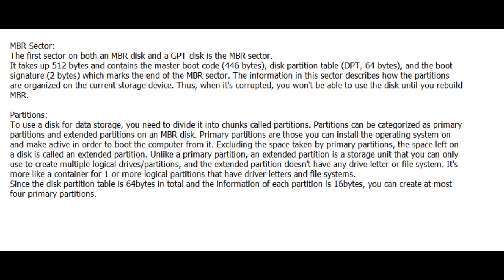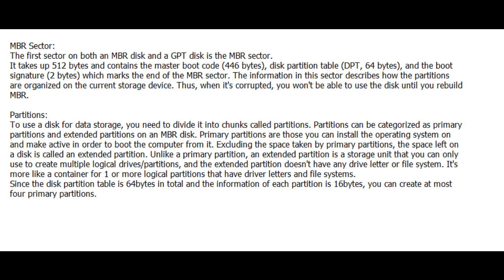It takes up 512 bytes and contains the master boot code, 446 bytes, disk partition table, DPT, 64 bytes, and the boot signature, 2 bytes, which marks the end of the MBR sector. The information in this sector describes how the partitions are organized on the current storage device. Thus, when it's corrupted, you won't be able to use the disk until you rebuild MBR partitions.